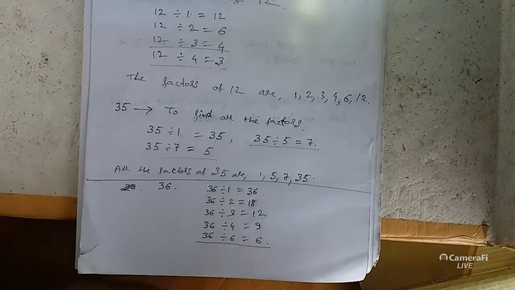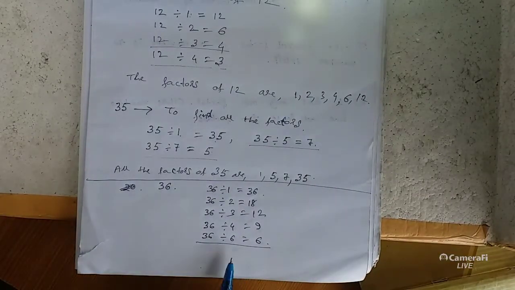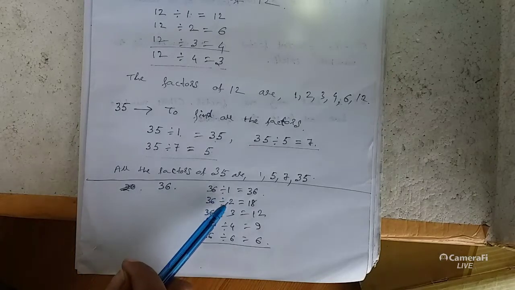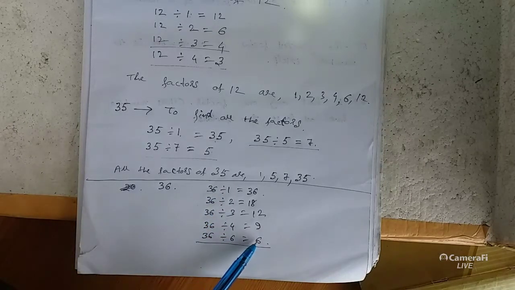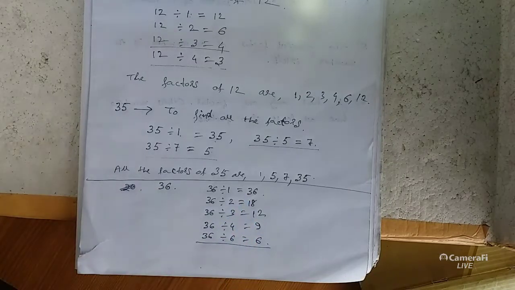We will stop here, because whenever we are dividing a number, the divisor and quotient are the same. So stop here. Now what are the factors? Factors are 1, 2, 3, 4, 6, 6 is repeating, 9, 12, 18 and 36.